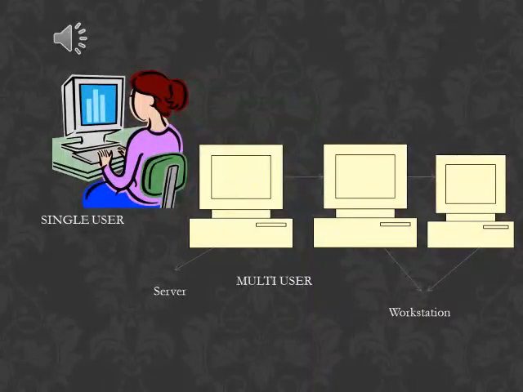The most popular multi-user operating systems are Windows 2000, NT, XP, Vista, Windows 7, 8, Linux, Unix. All these are multi-user operating systems where more than one user works at a time or at another time.